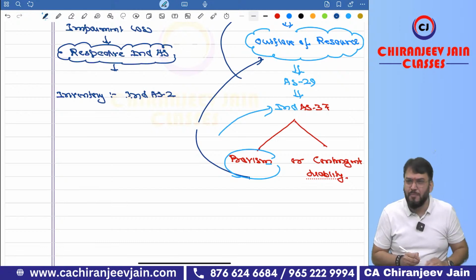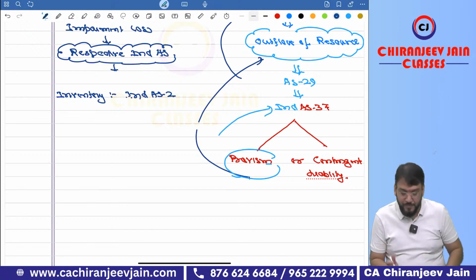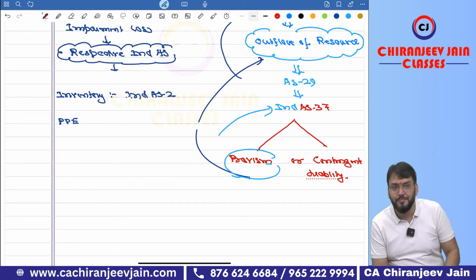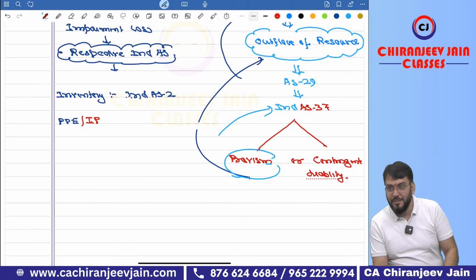Now I am writing Ind AS numbers only. We are not concerned about AS now. Similarly for PPE, property, plant and equipment. Which AS? AS 10. Then we have IP, investment property.